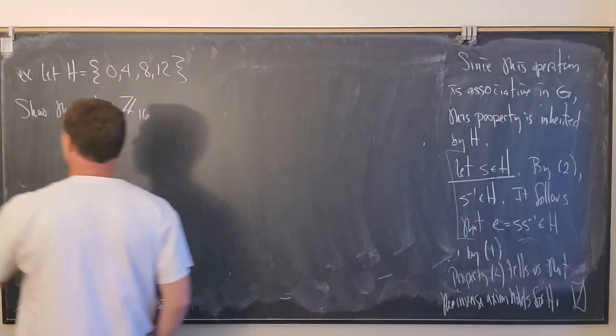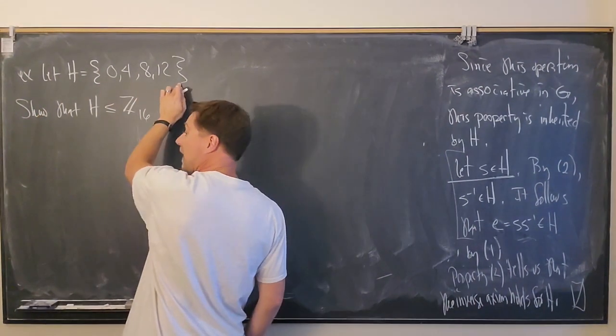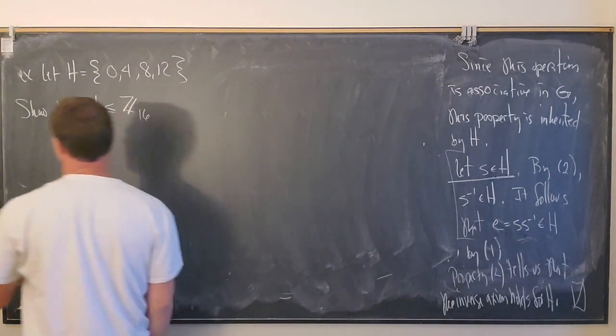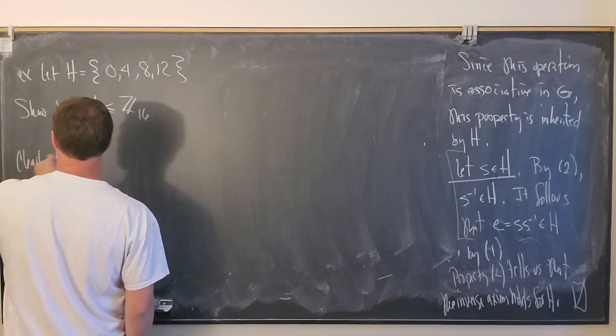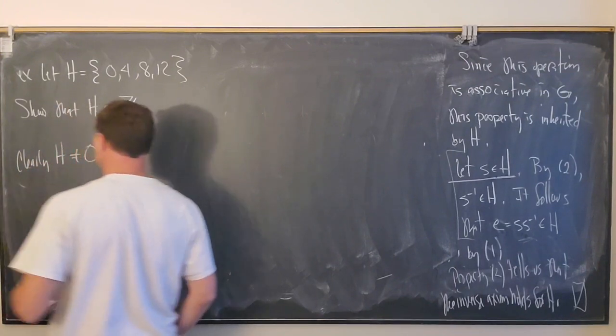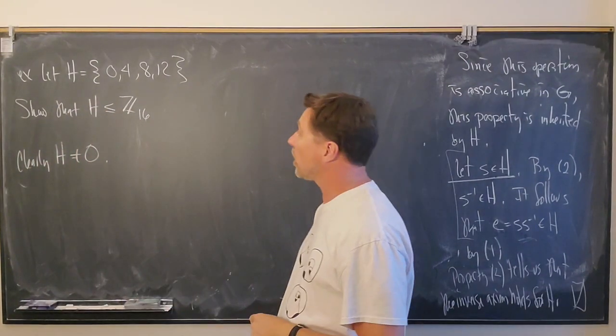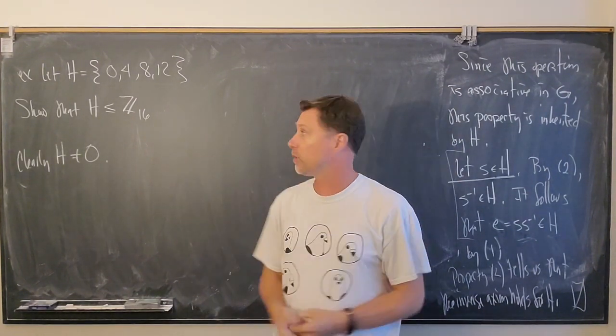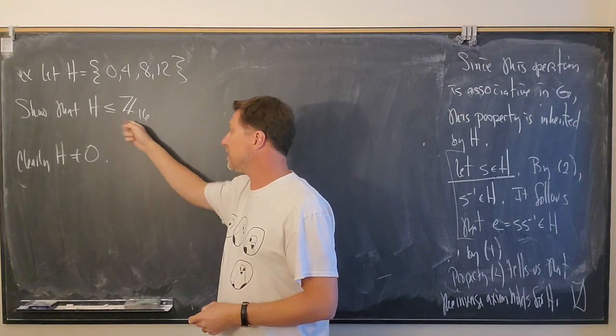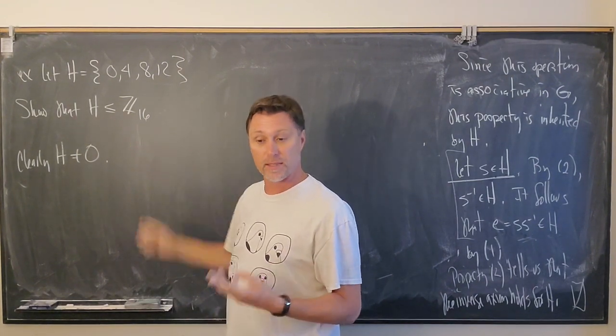So once again, it's obvious. I just wrote H. It's got some elements, which means that it's non-empty. So clearly, H is non-empty. Now I need to show that it's closed under multiplication. In this case, what do we mean by multiplication? The operation in Z16 is addition mod 16.